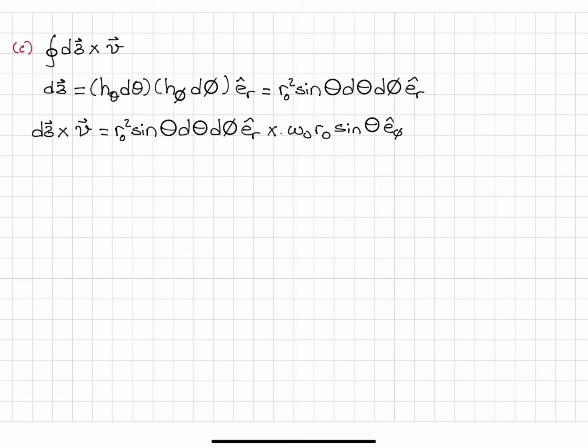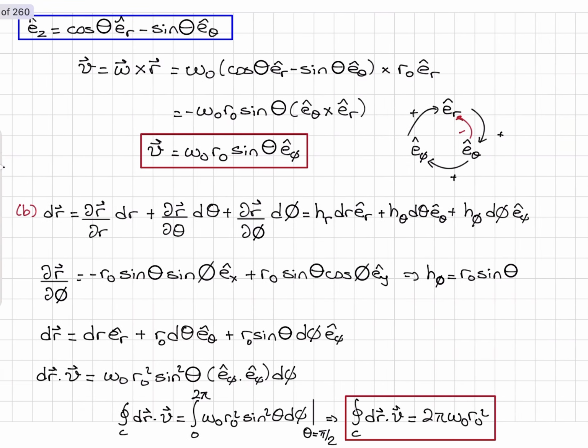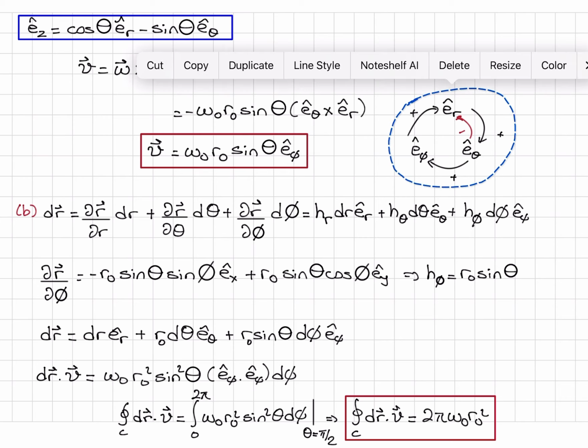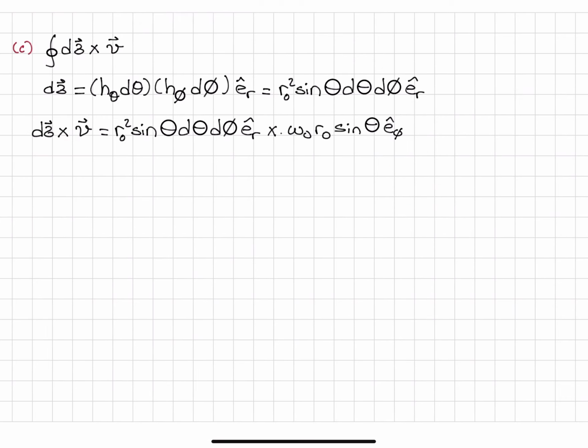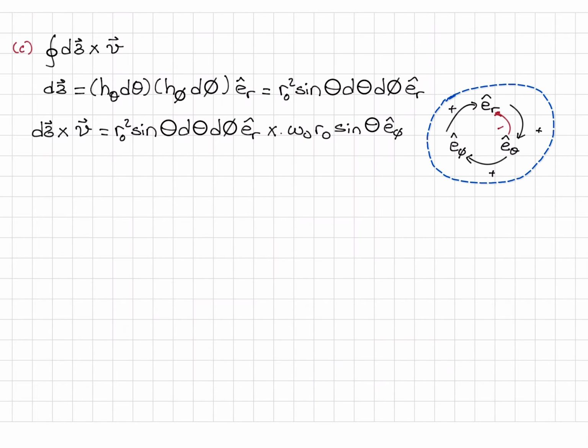Now we encounter the cross product er hat cross with e phi hat. And here is our cyclic permutations for this coordinate system. So if I copy that here, I can figure out what this would be. And we're looking at er hat not cross with e theta hat, which is the positive direction, but er hat cross with e phi hat, which is in the negative direction.